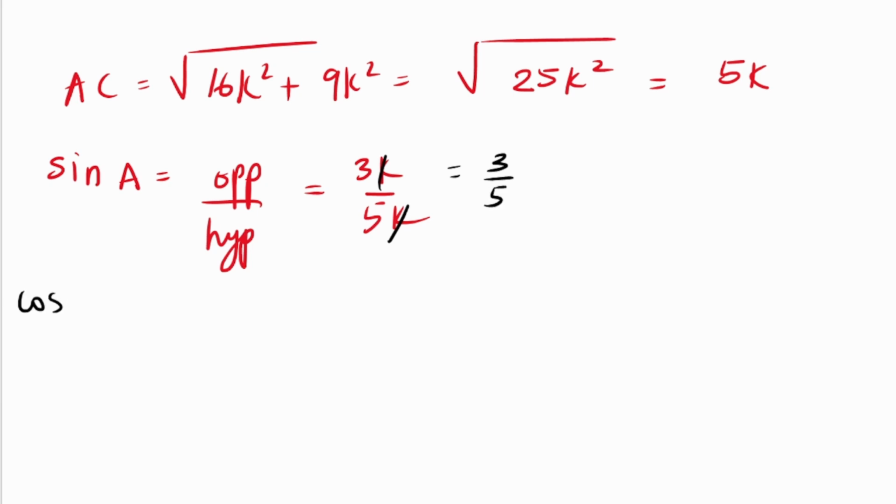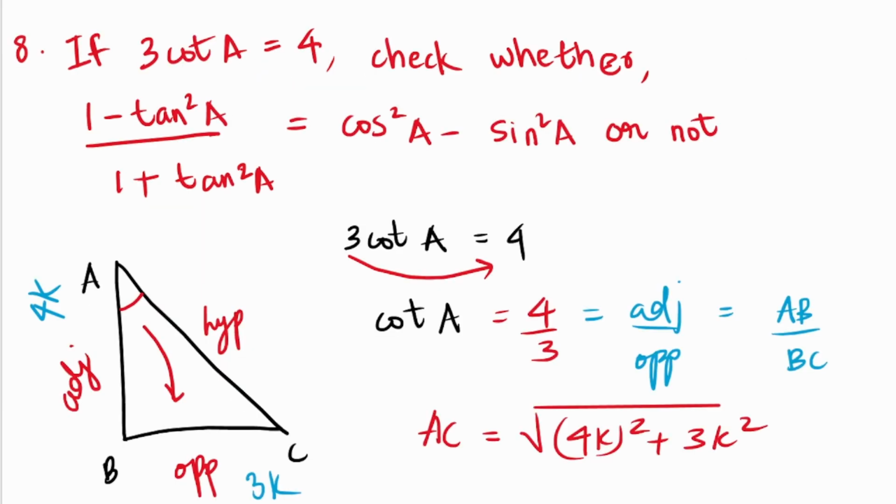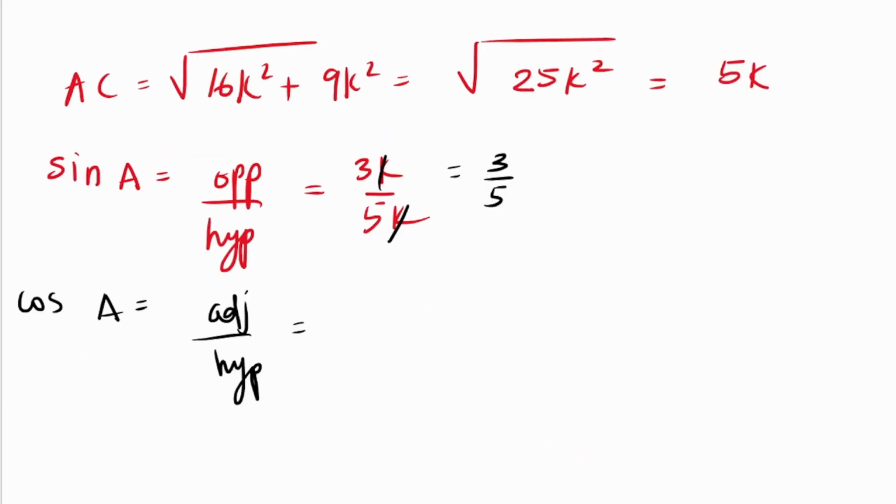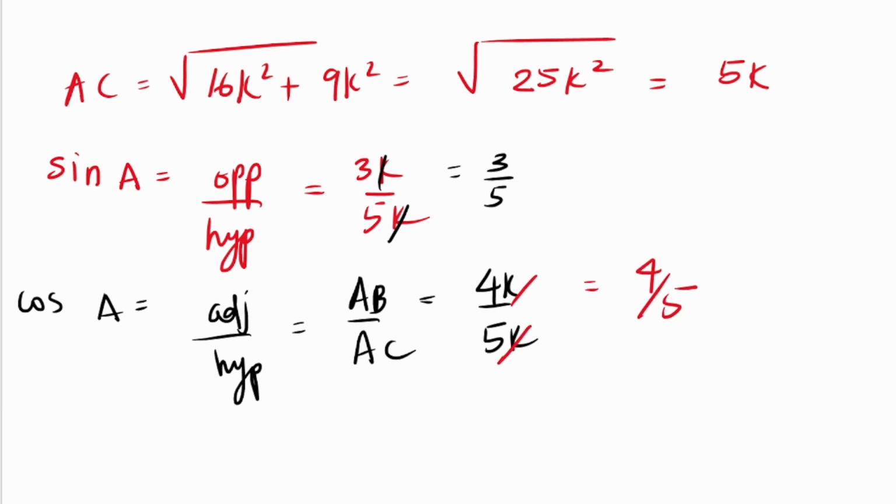And to find the value of cos A, it is adjacent side by hypotenuse. Here the adjacent side is AB, so AB divided by AC. AB is 4K and AC is 5K. When you cancel this out, you'll get 4 by 5. You find the value of cos A and sin A.